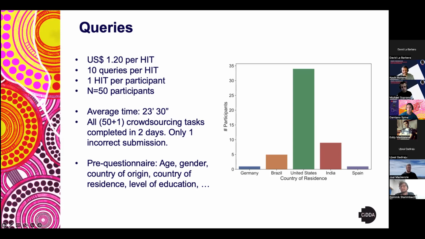We also asked participants, who are workers, a pre-questionnaire about demographics: age, gender, country of origin, country of residence, level of education. And in the graph, I'm showing the distribution of country of residence across the participants, most of them from the United States, but also India and Brazil, and a few outliers from other countries such as Germany and Spain.